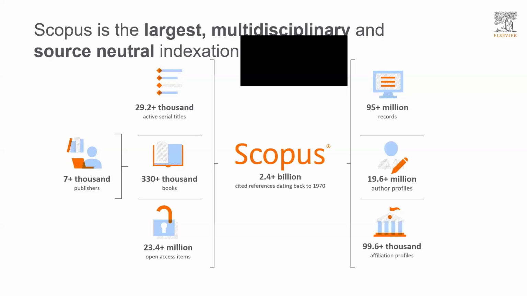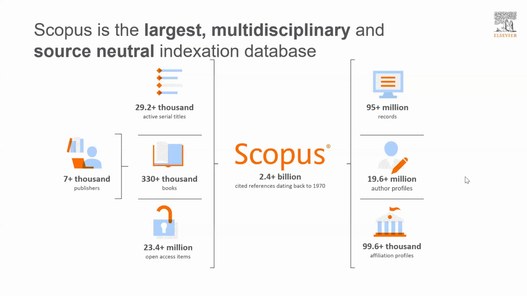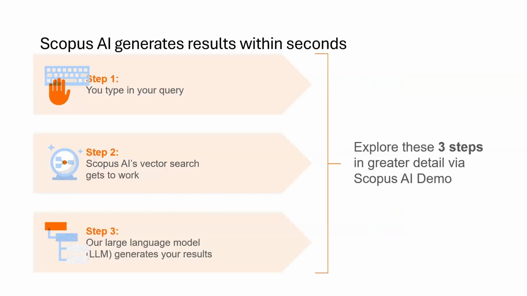Okay. So, further, Scopus AI is able to generate results within seconds. So you just type your query on the question box, or you could actually use natural language queries, just like you are conversing with a friend or your peer.